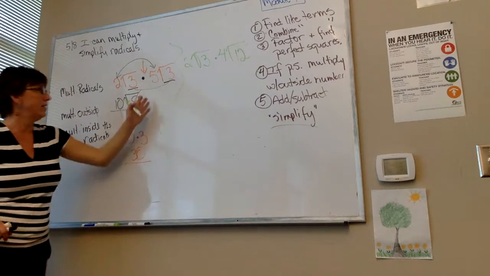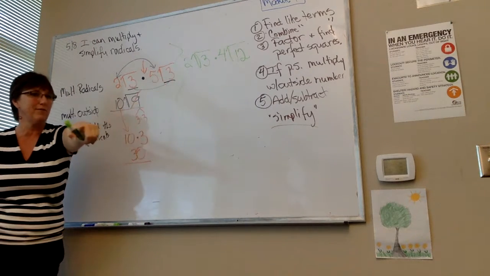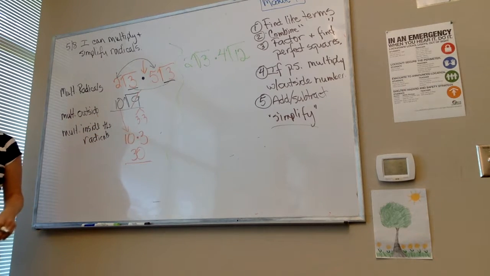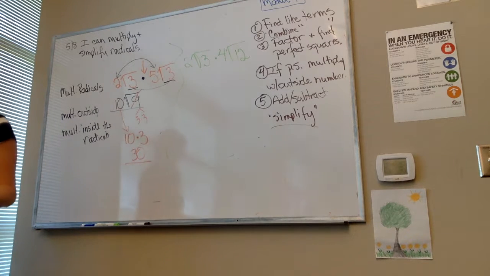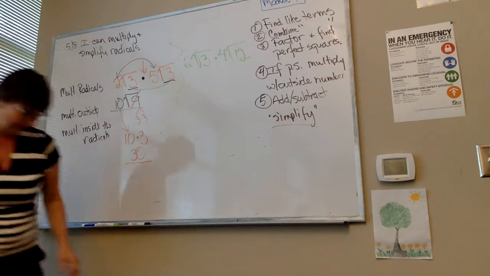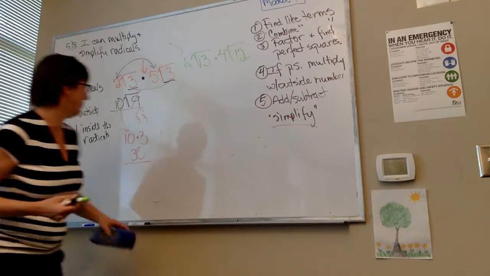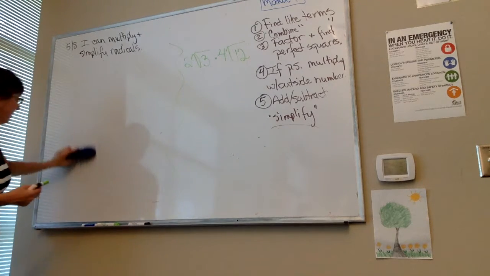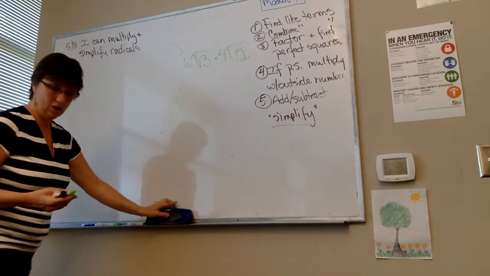Once you have written this down, please work this problem: 2 radical 3 times 4 radical 12. Write it down, simplify, and solve.